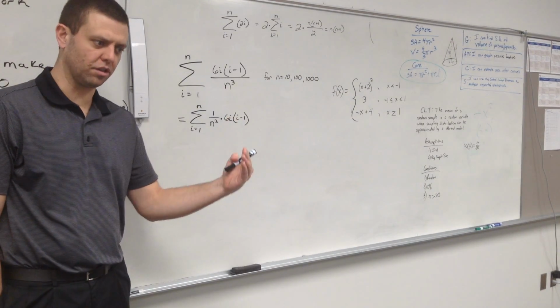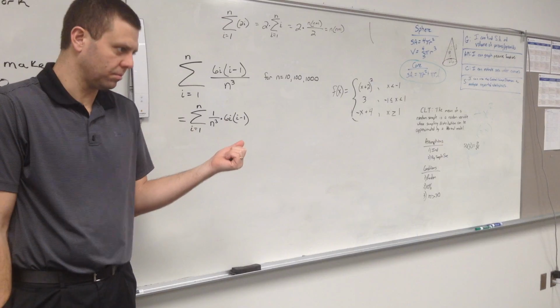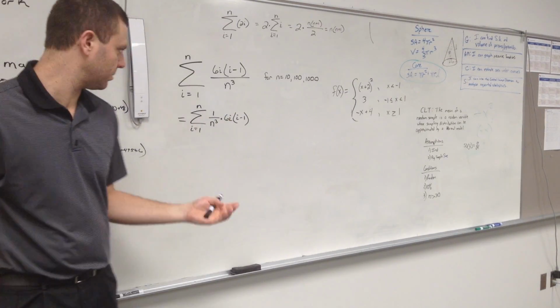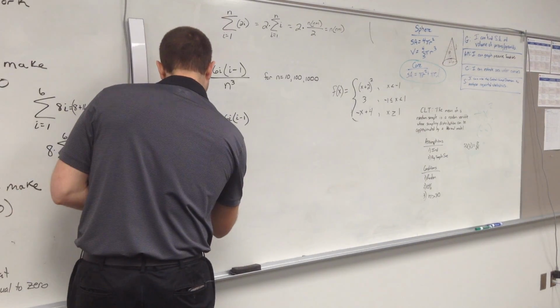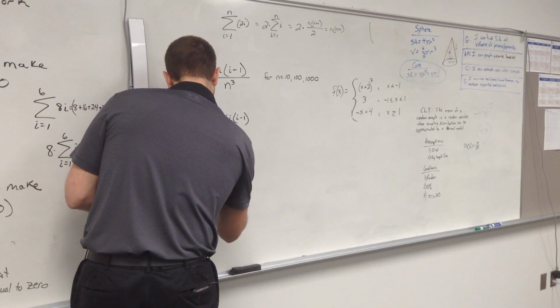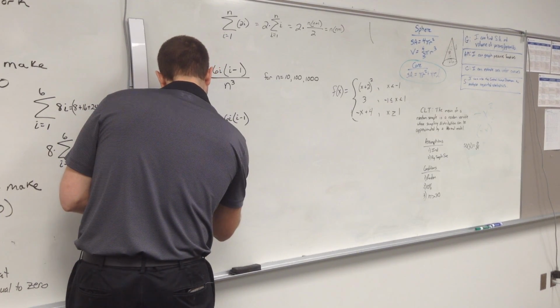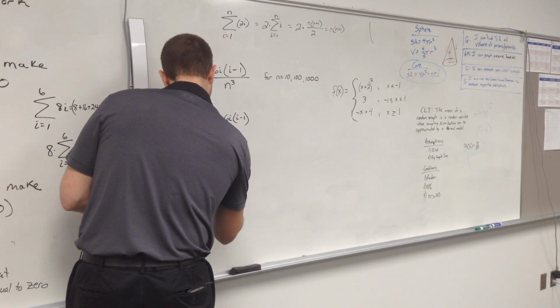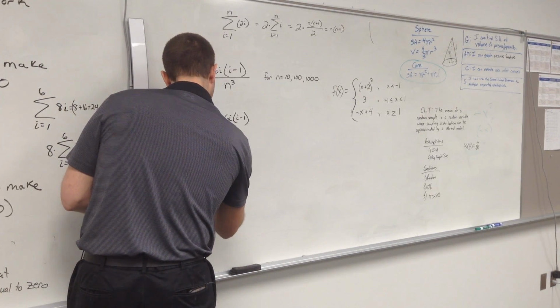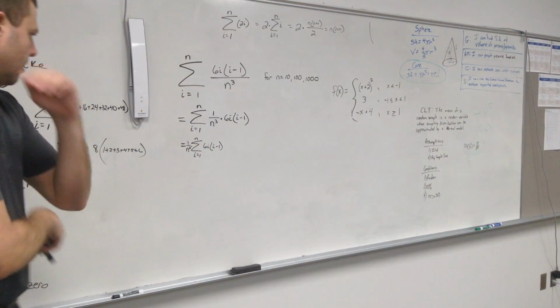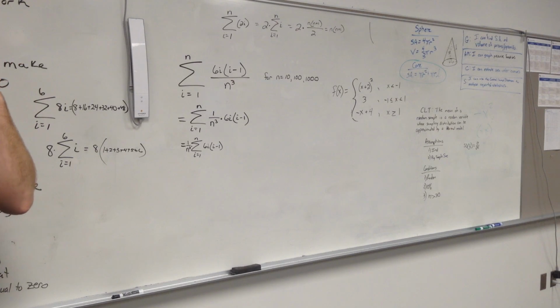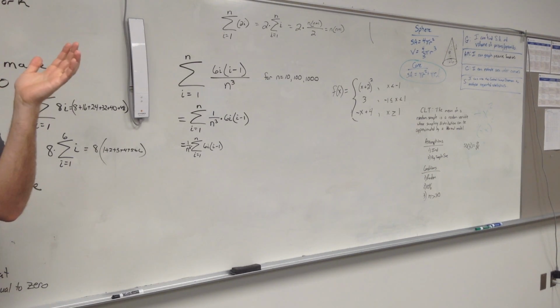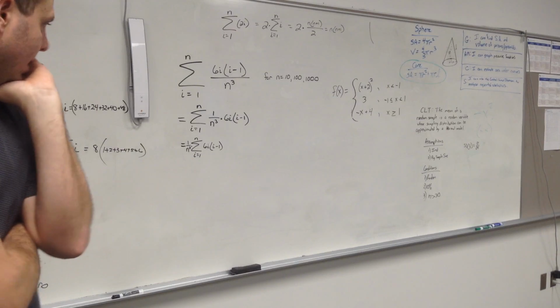It's like a coefficient, a fixed number. 1 over n cubed is going to be some value, so I can bring that out to the front. Okay with that step?